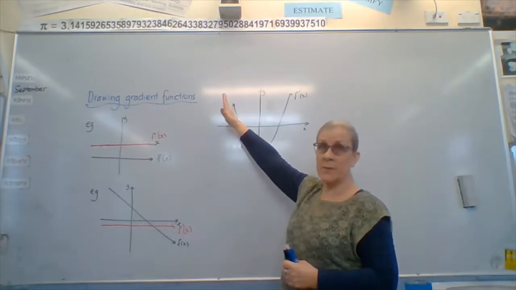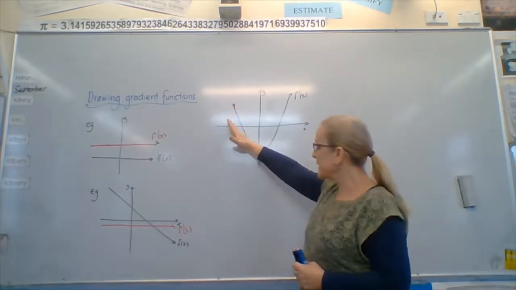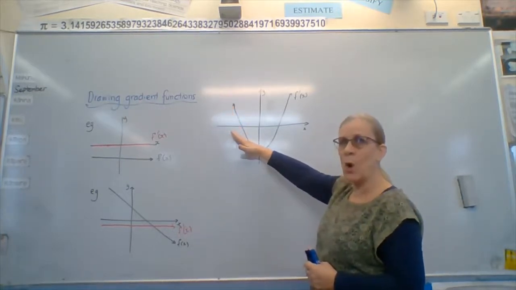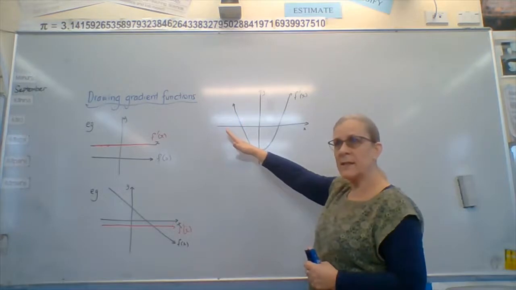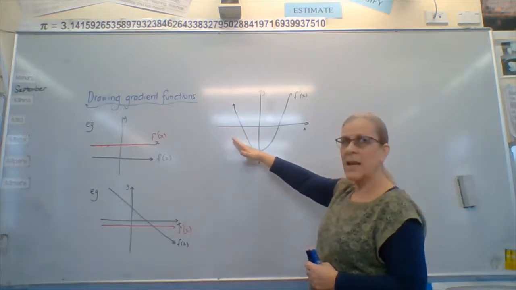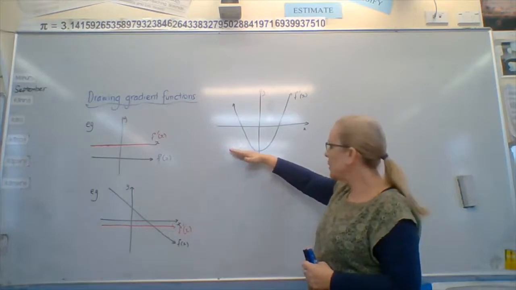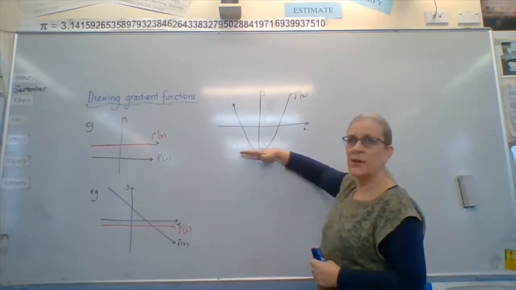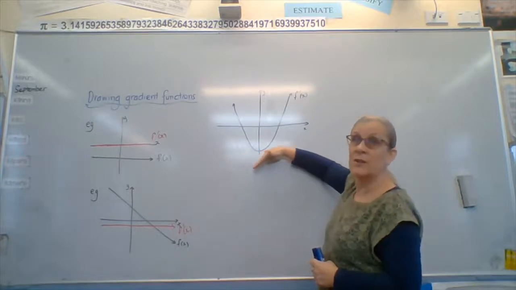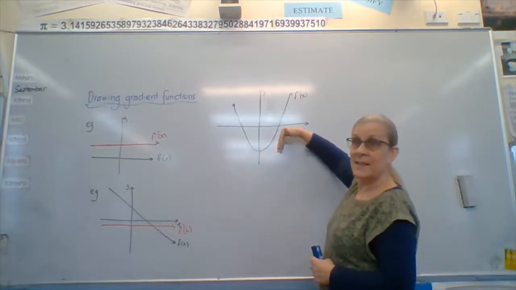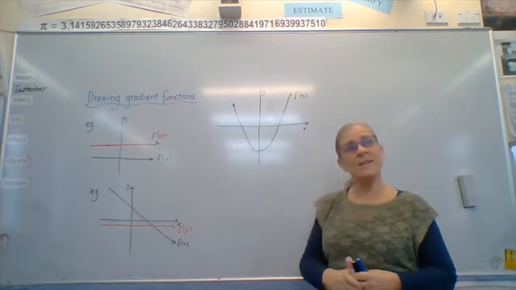It's quite steep coming down, it gets less steep, or less what? The gradient is getting less negative, to the point where here the gradient is 0 and turning into positive.